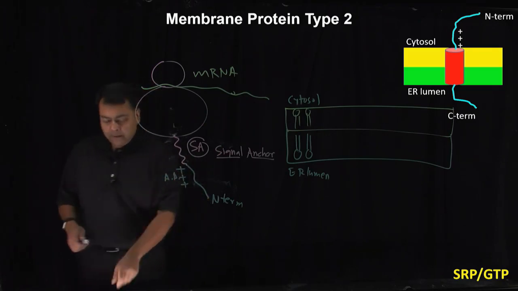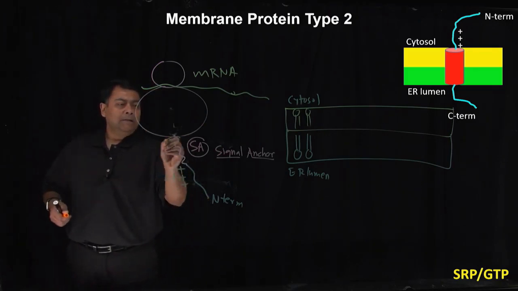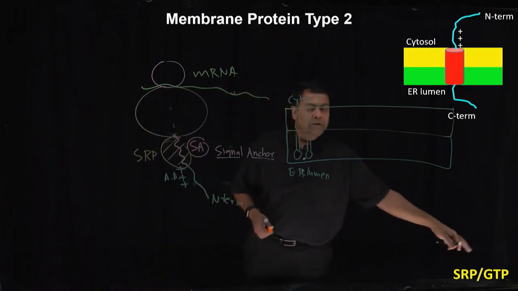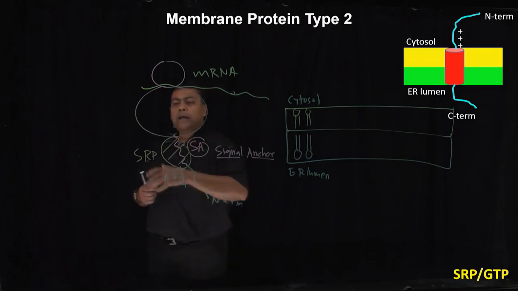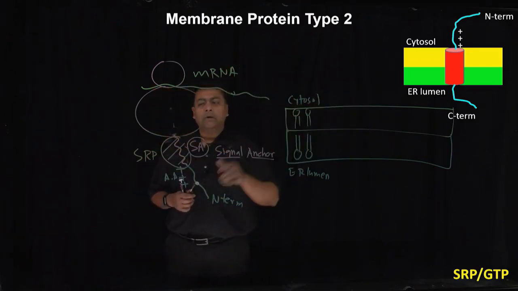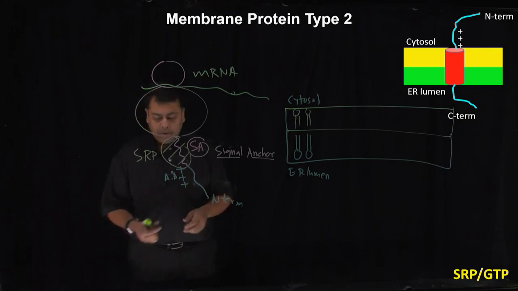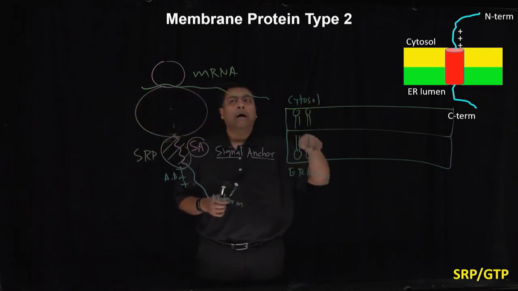So what's going to happen? The same way, this is going to be recognized by the SRP. And as you can see, the SRP and the GTP are involved in the same way. It's going to bring this entire portion onto the ER membrane. So I'm just not drawing the other parts.